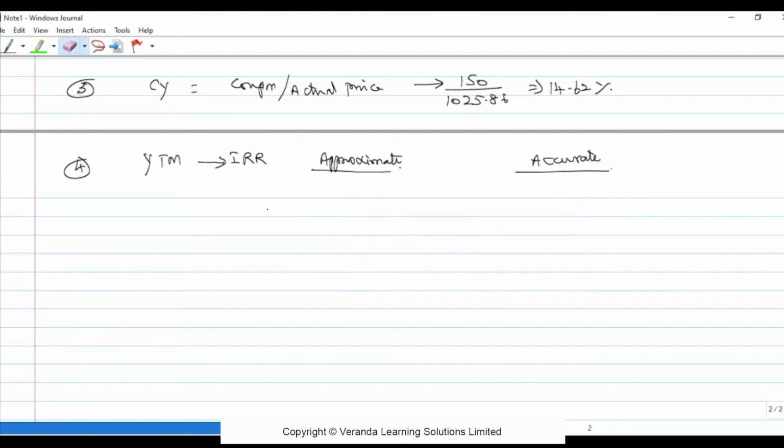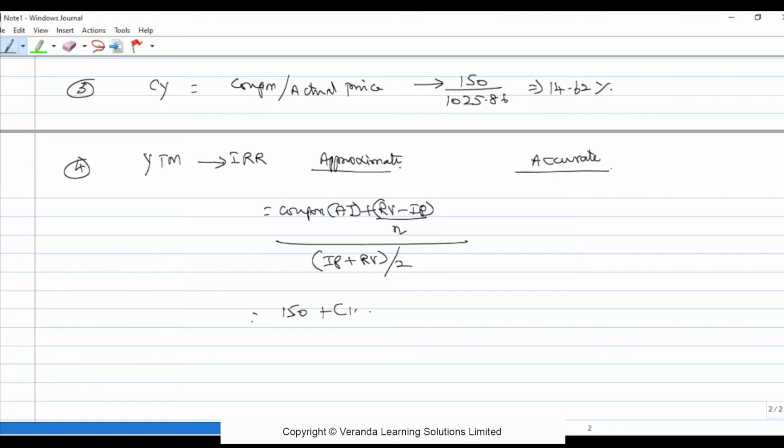For the approximate method, the formula is coupon after tax plus redemption value minus issue price divided by n, the whole divided by redemption value plus issue price divided by 2. Let's go by this basic formula. Coupon after tax: there is no taxation involved.